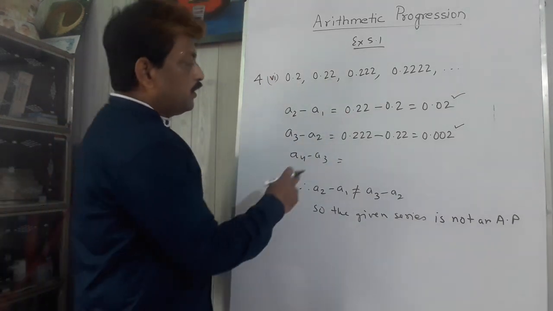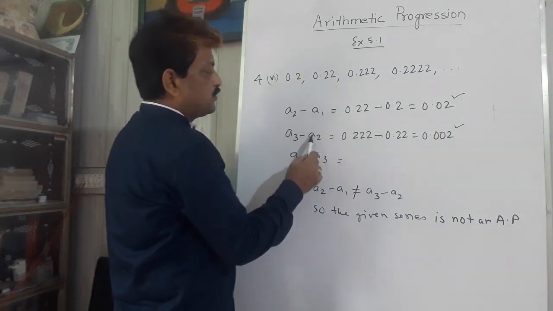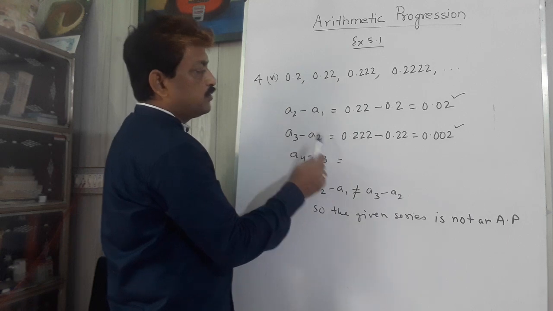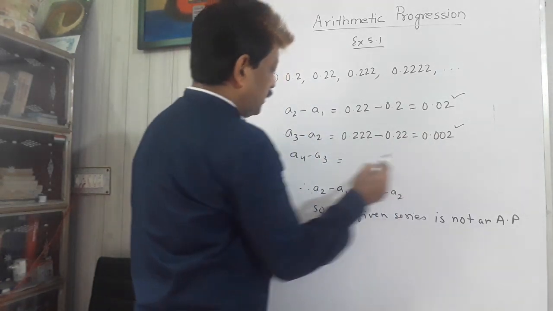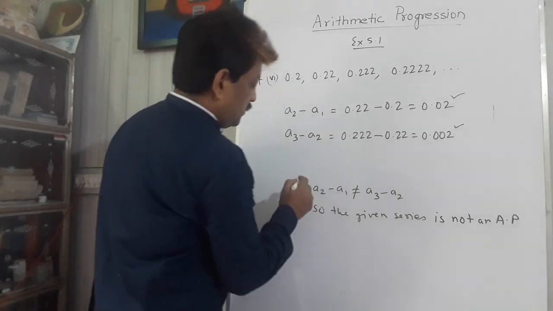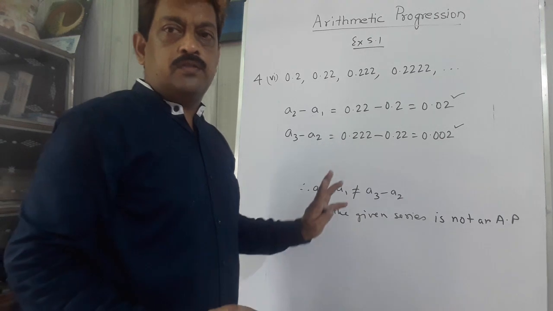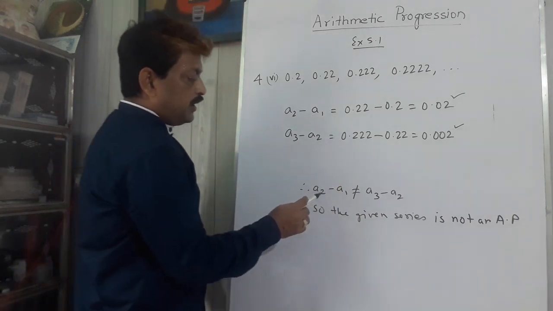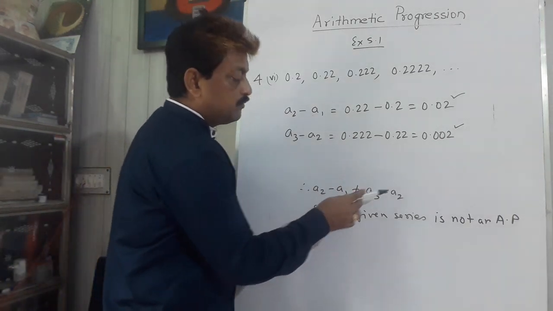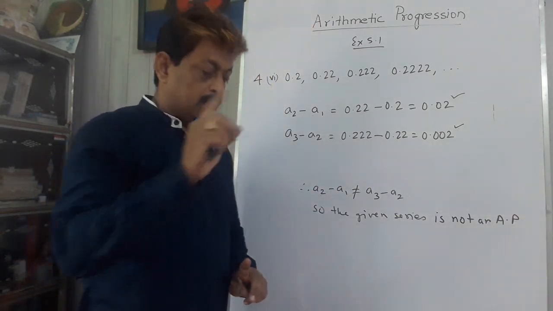Understood? Since after these first two steps, A2 minus A1 and A3 minus A2, we are not getting the same result, there is no need of doing A4 minus A3. The decision is made here only by these two cases. Understood? Therefore, A2 minus A1 is not equal to A3 minus A2, so the given series is not an AP.